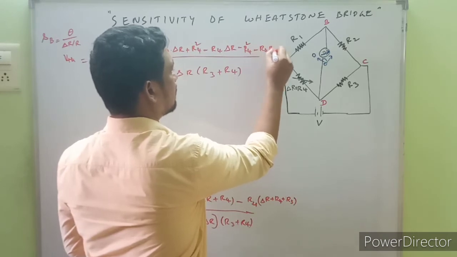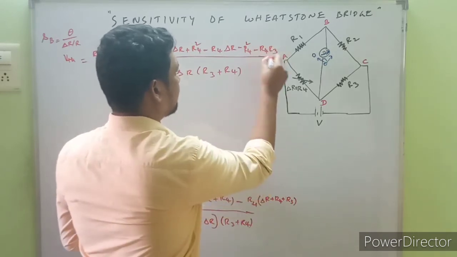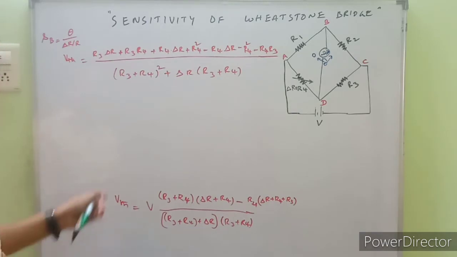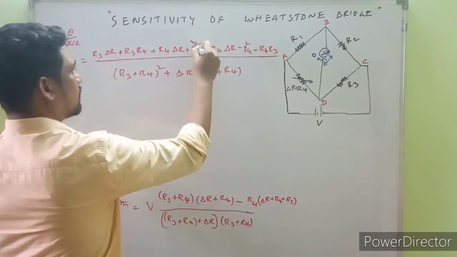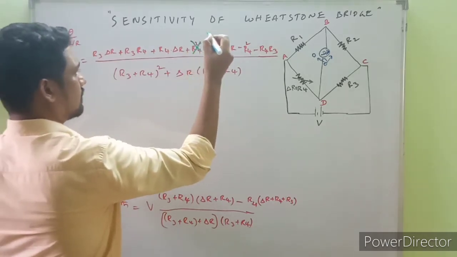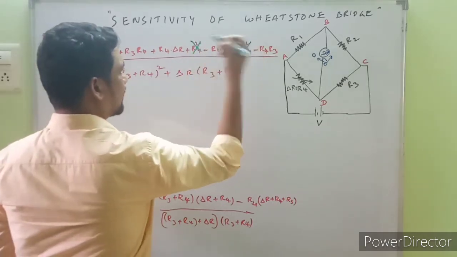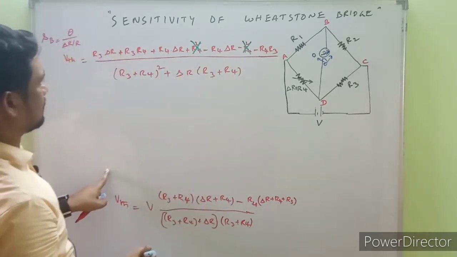R4 R3. A careful examination cancels something, right? What else gets cancelled here? Plus R4 square minus R4 square gets cancelled. What else?